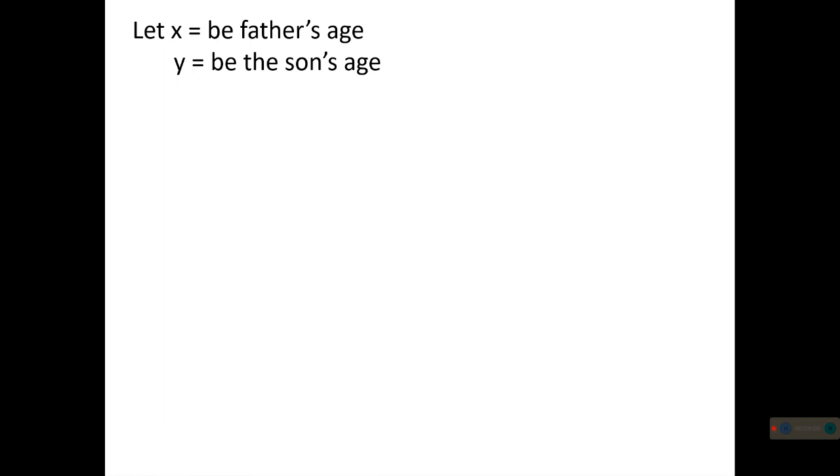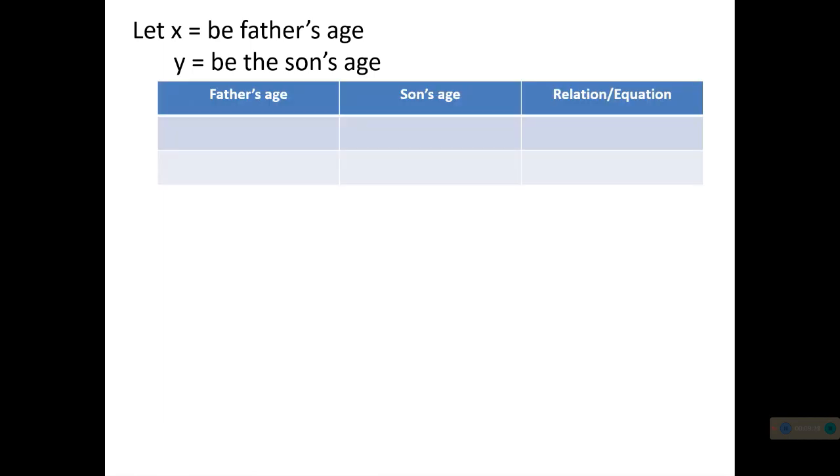Okay, so of course, we are going to have our representation. Our x will be the father's age and our y will be the son's age. And it is helpful if you have the word ago, so you are going to use a table. Our father's age will be x, and the son's age will be y.